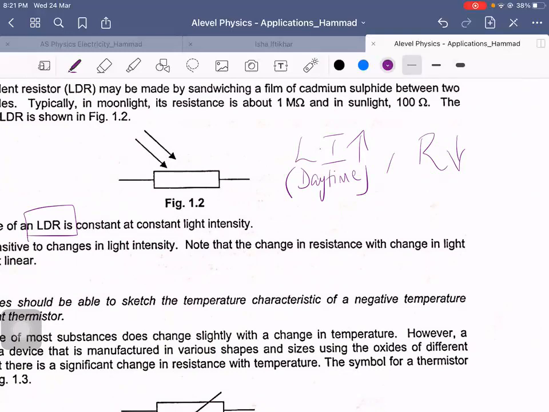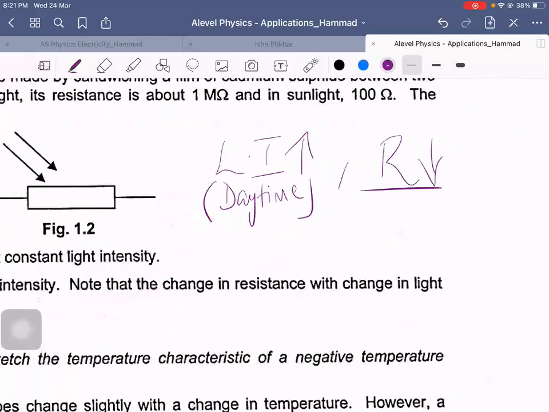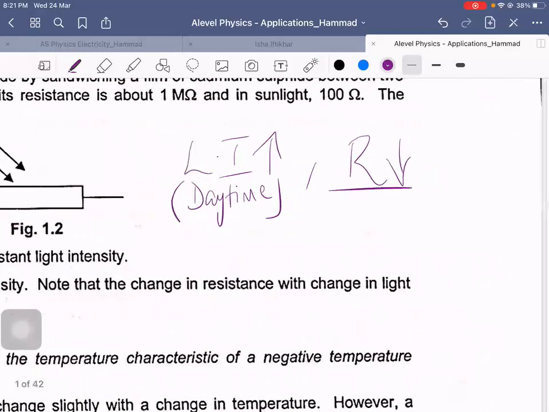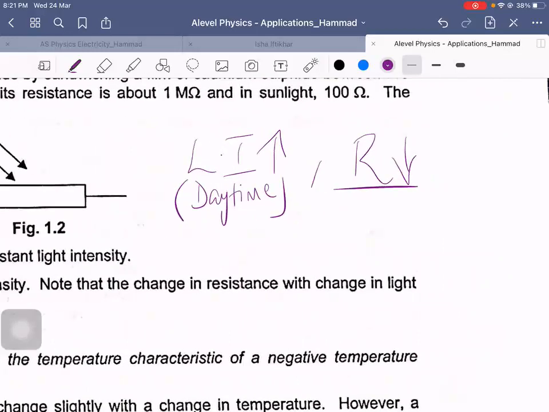Okay? During the daylight, the LDR will have a lower share of the resistance and therefore a lower share of the voltage in a series circuit. And when there is a lower share of voltage, the lamps will not light up.